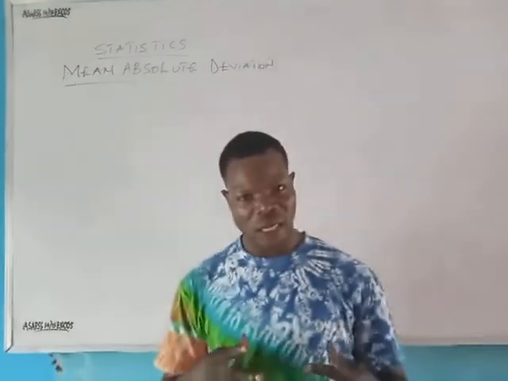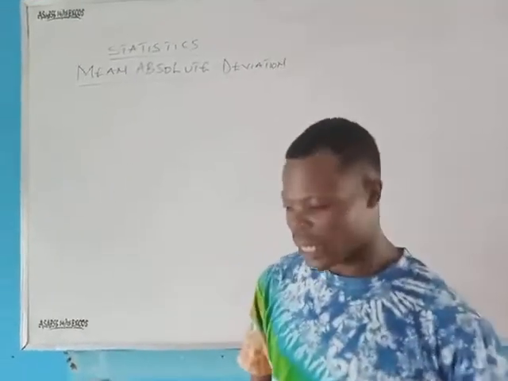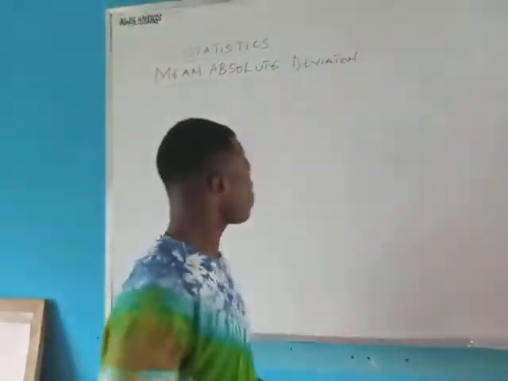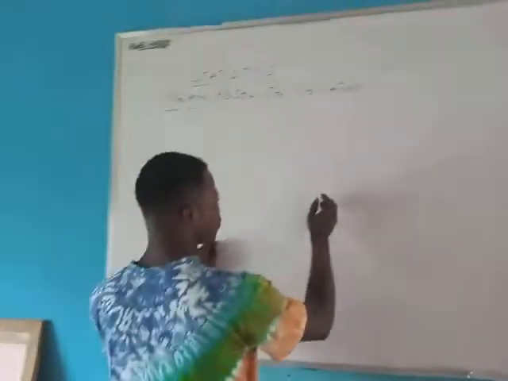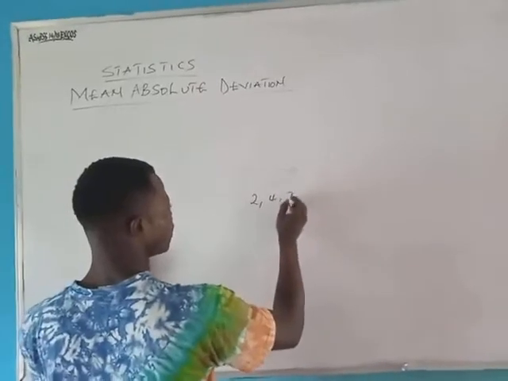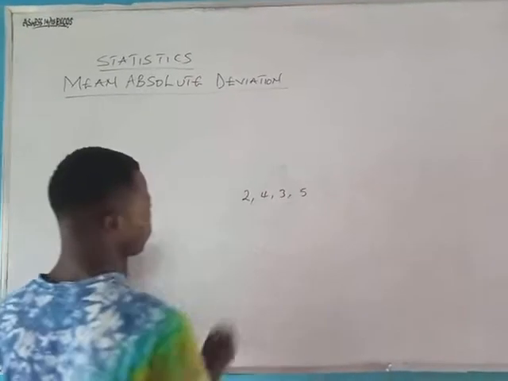What do you mean by how spread a given data is? Let's consider, for example, the numbers 2, 4, 3, and 5.